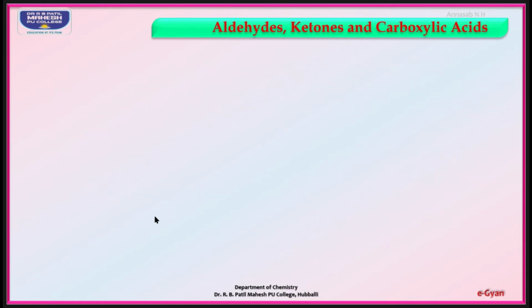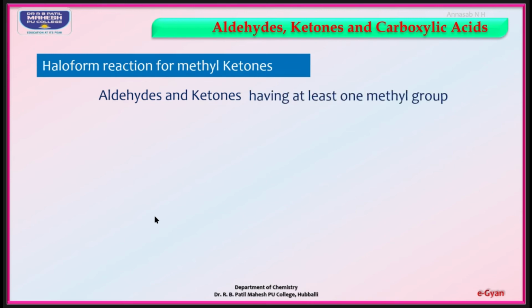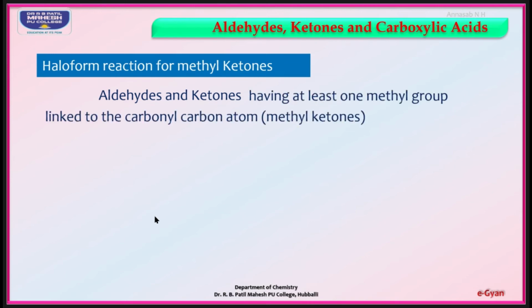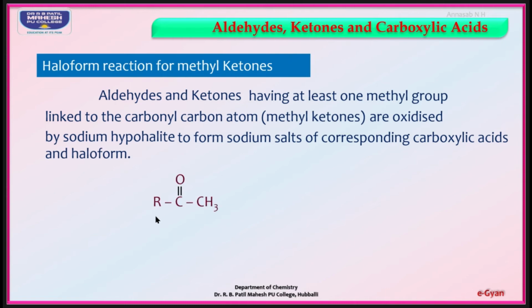Moving further, haloform reactions for methyl ketones. Aldehydes and ketones having at least one methyl group linked to the carbonyl carbon, that is C double bond O, are oxidized by sodium hypohalite to form the sodium salt of the corresponding carboxylic acid and haloform. Example, RCOCH3.